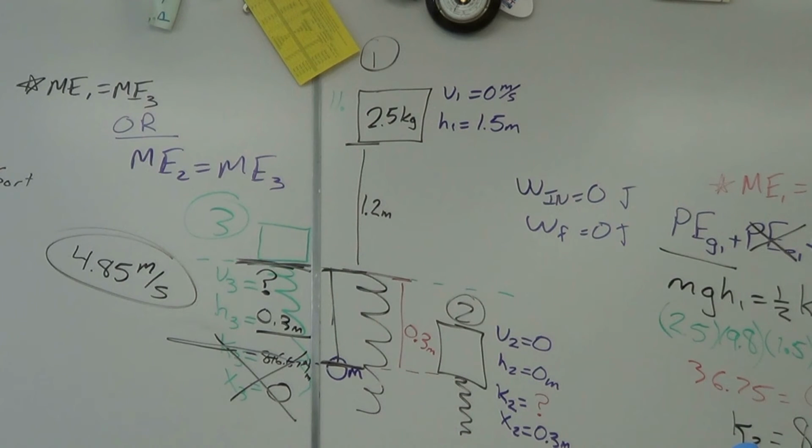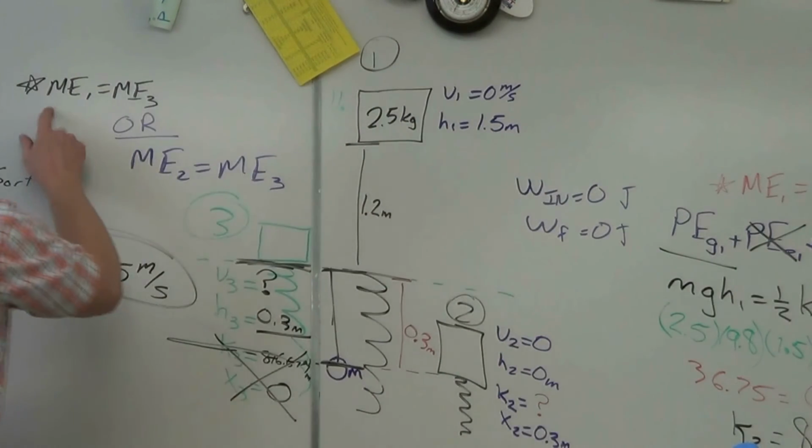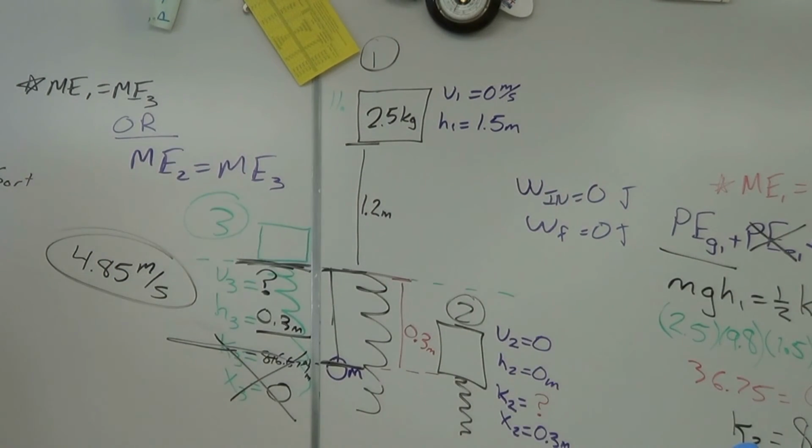Yes. So it would still just be PEG equals PE at location 3? So I guess it depends, are we going to go location 1 and location 3? Okay, if we're going to do location 1, everything cancels out like it did over there.